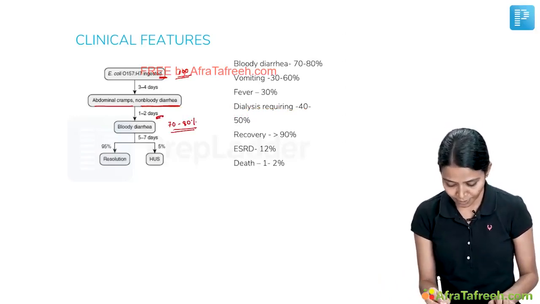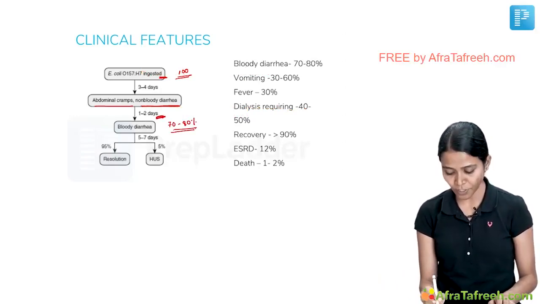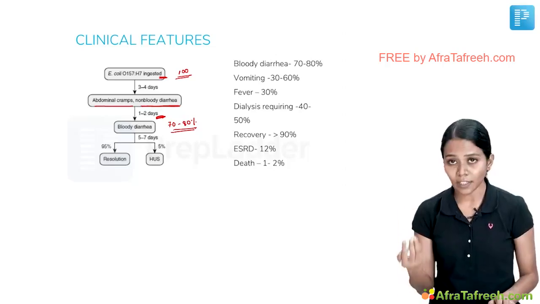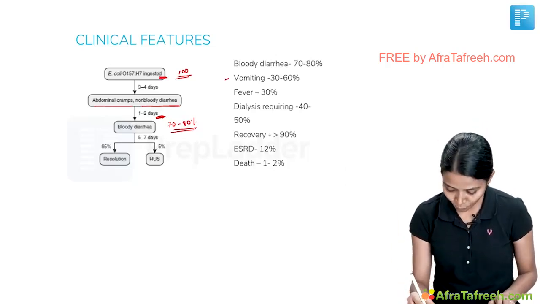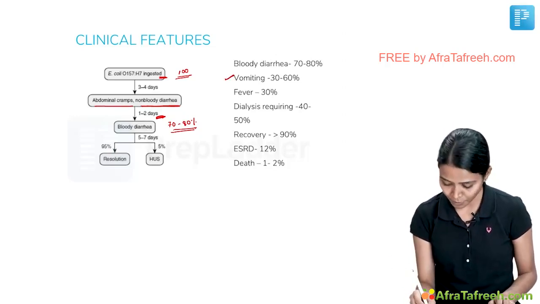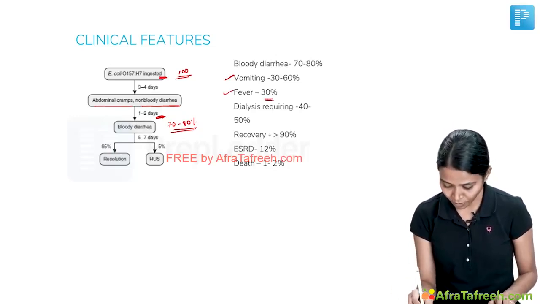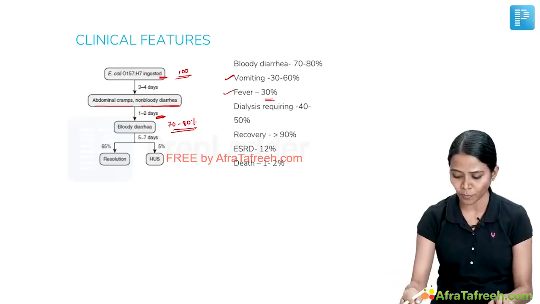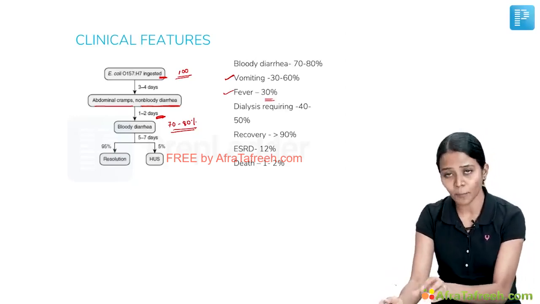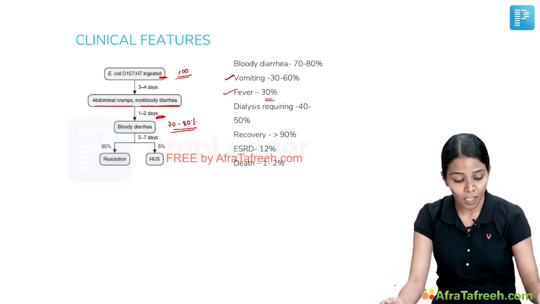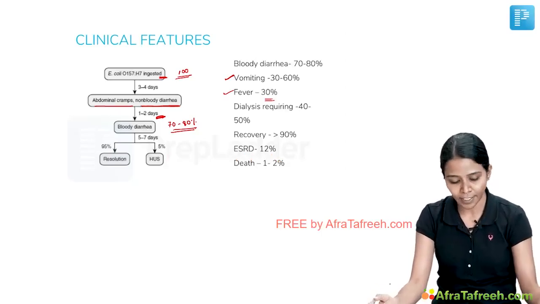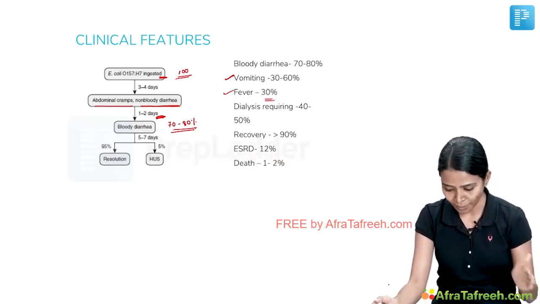So, 1 to 2 days later, 70 to 80% of patients are going to develop bloody diarrhea. The other symptoms that they are going to have are vomiting, which is seen in 30 to 60%, and fever in around 30%. So, it's not very important to remember these numbers. I have just put the numbers to show the significance. That is, maximal patients are going to have bloody diarrhea and few are going to have vomiting and fever.